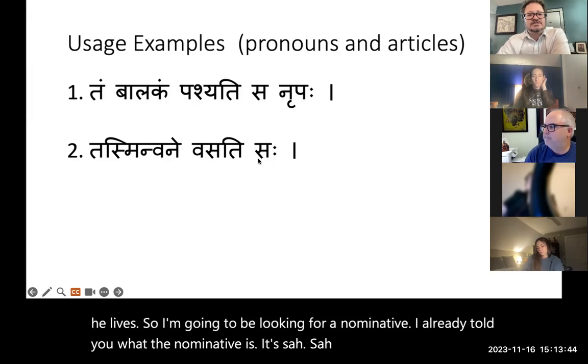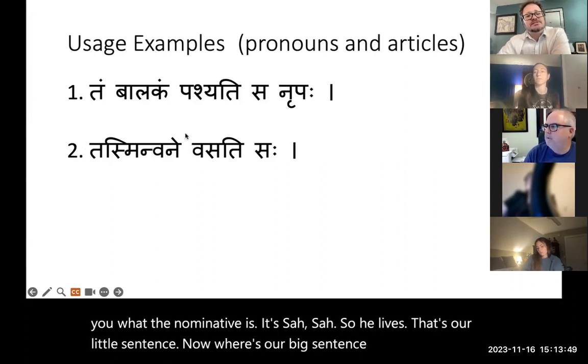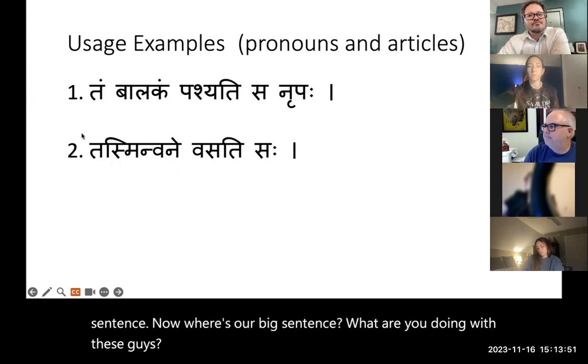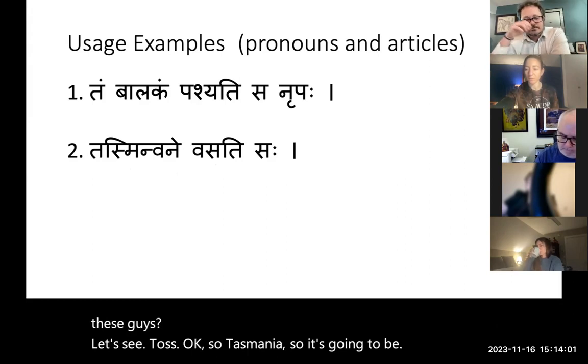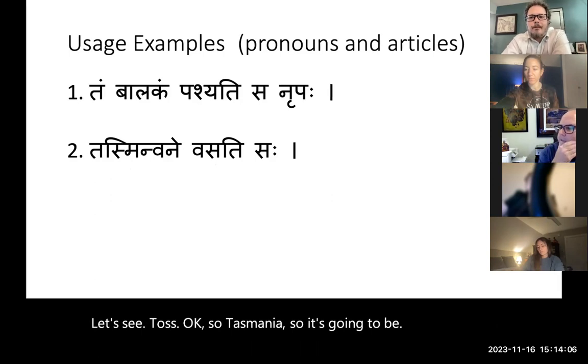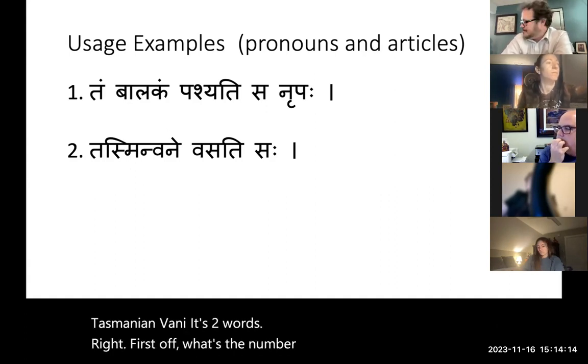So he lives. That's our little sentence. Now, where's our big sentence? What are we doing with these guys? So Tasmin Saha. The Tasmin Vane. It's two words. All right. First off, what's the number of Vane?